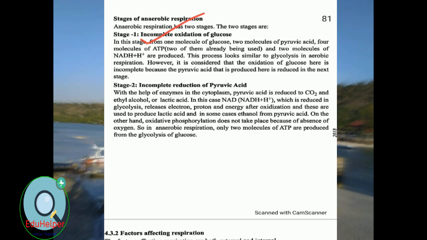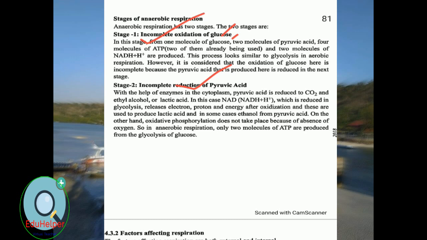So we can mention here: stage 1 is glycolysis, and the second stage is anaerobic oxidation of pyruvic acid. The first stage is common for aerobic and anaerobic respiration. The first stage is named glycolysis, or you can say incomplete oxidation of glucose. Both are right. So what is glycolysis?